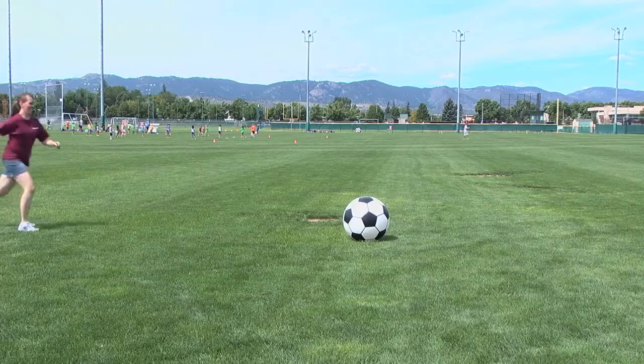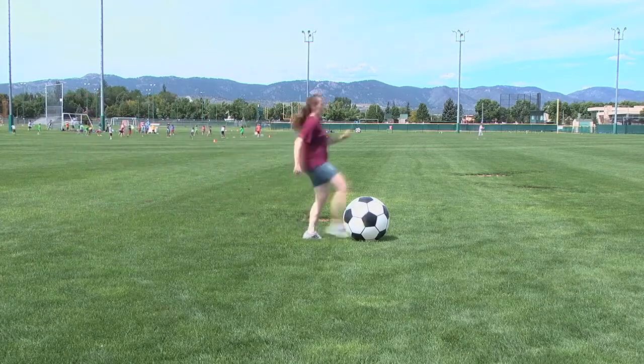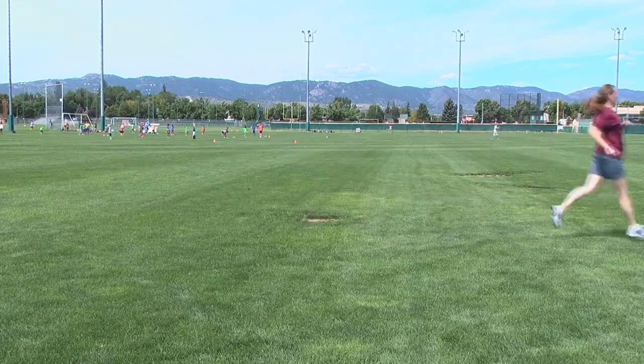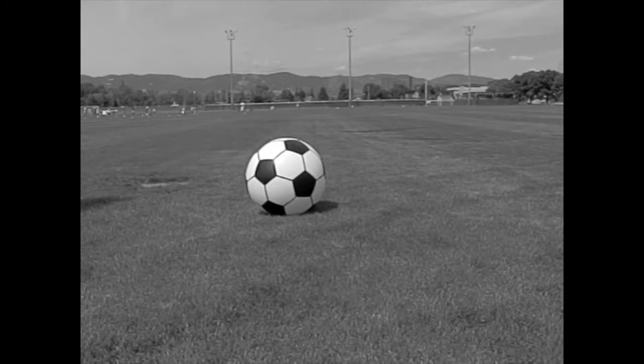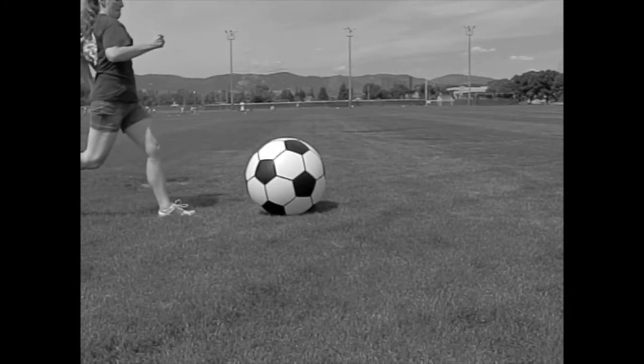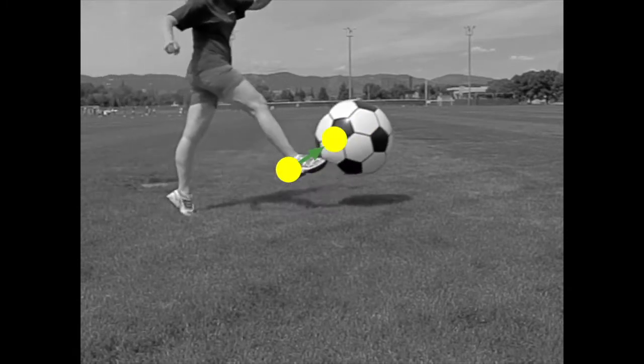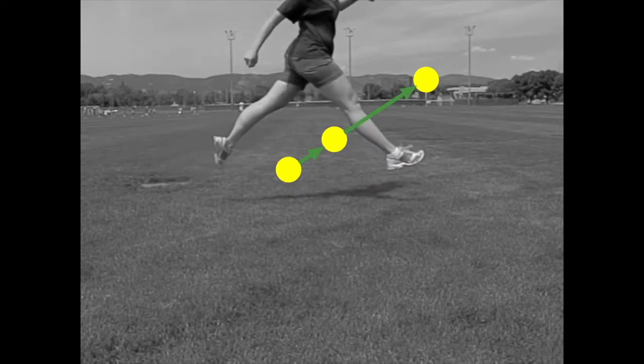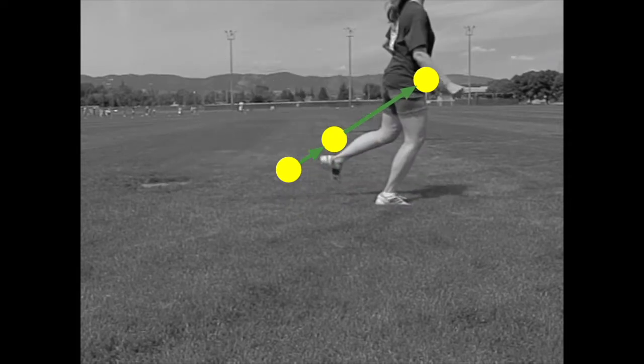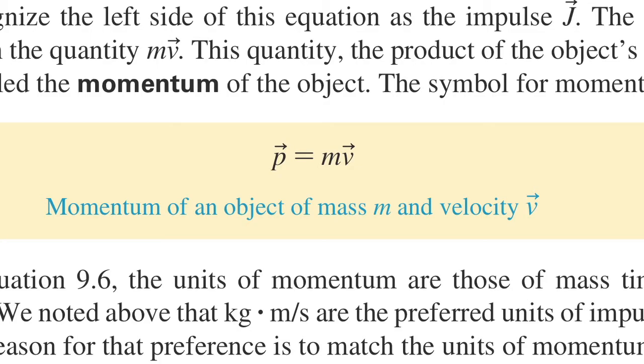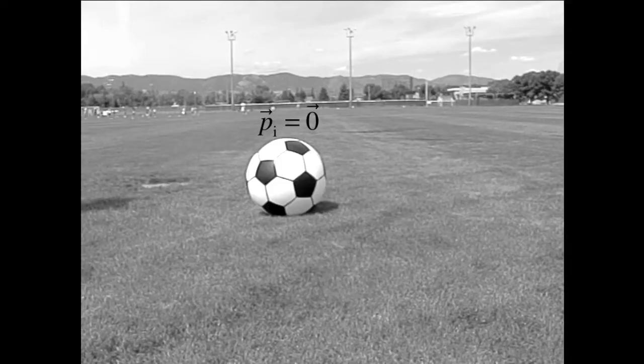The ball started out at rest on the ground. After she kicked it, it was moving rather quickly to the side. So what changed about the ball was its velocity. But that means another thing changed, and that's the momentum. As you'll see in the book, momentum is a product of mass times velocity. The initial momentum of the ball was 0.